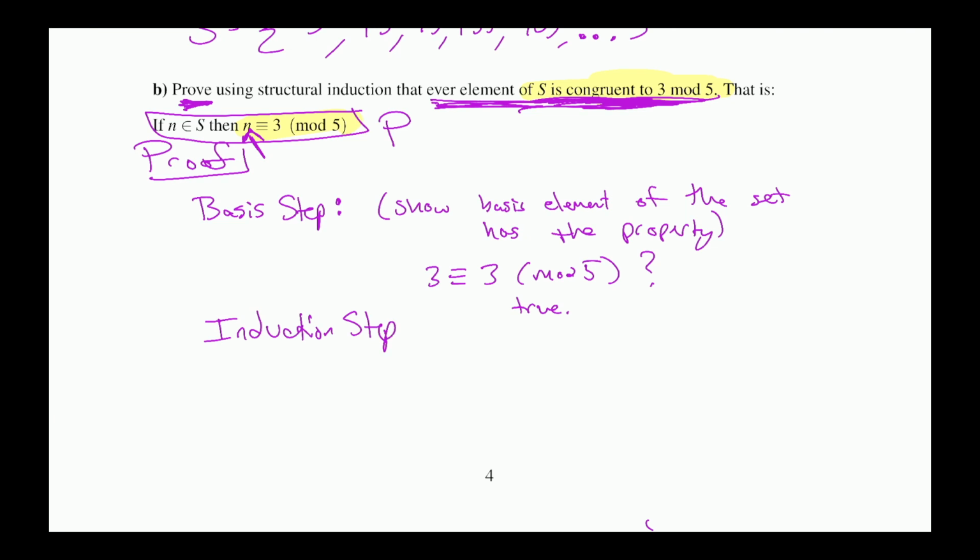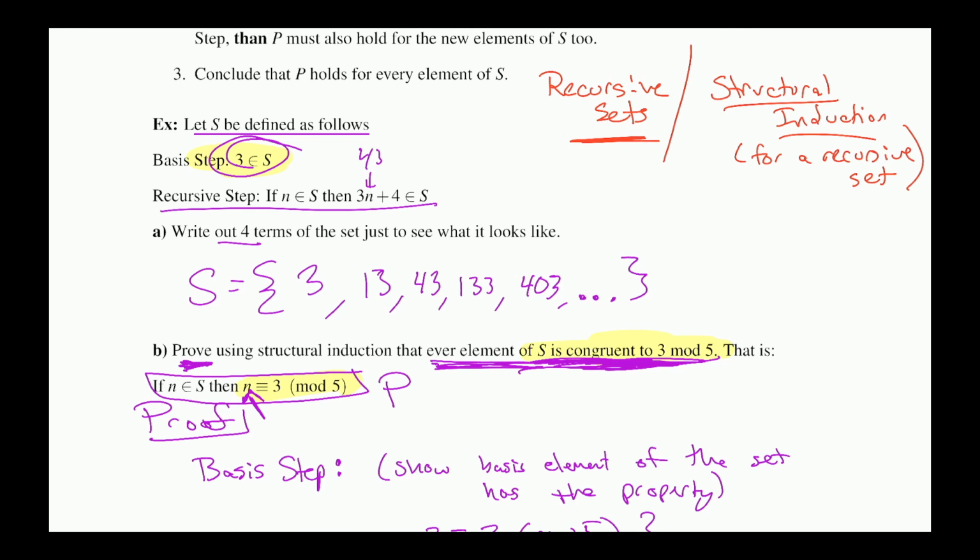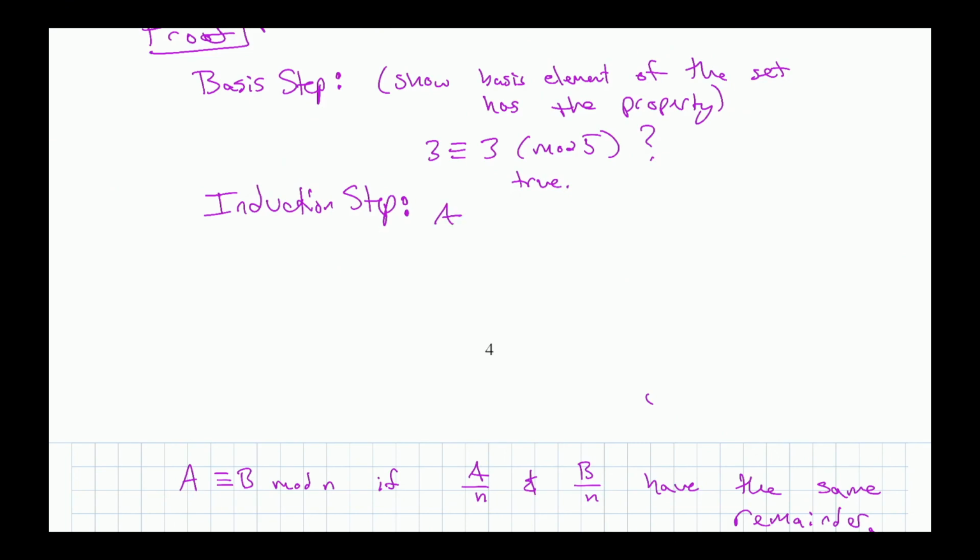So for the induction step of this proof, this is where it's a little different than the old style induction proofs. You see how right here it says if n is an S, then 3n plus 4 is an S. So what you do is you assume that n has the property. We need to assume n has the property.